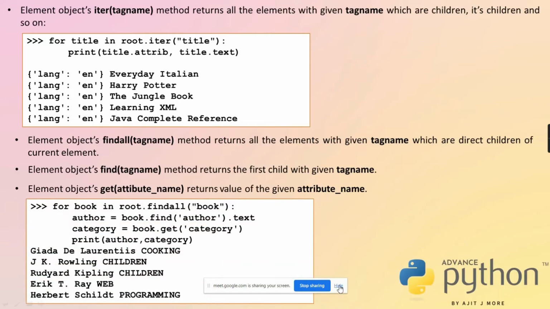Now this example is working on our book example. In this case, tell me, root dot find all book: will it return all the immediate children of root with the tag name book?